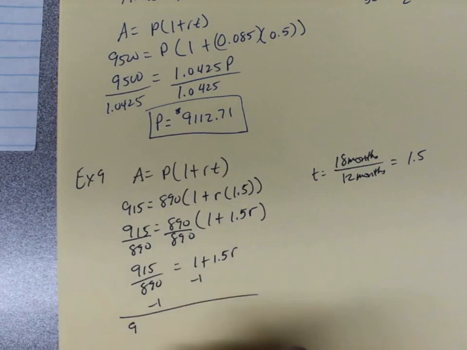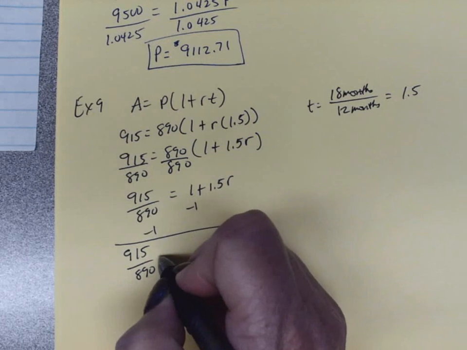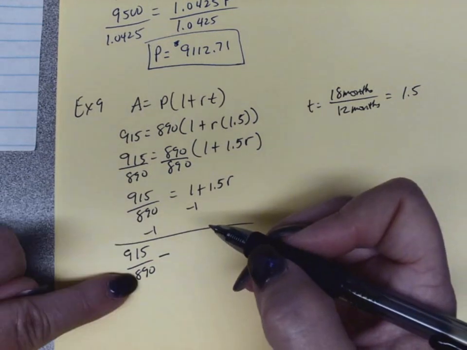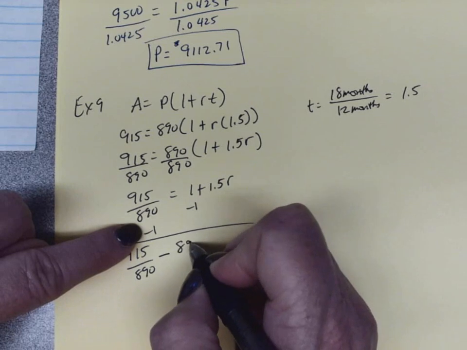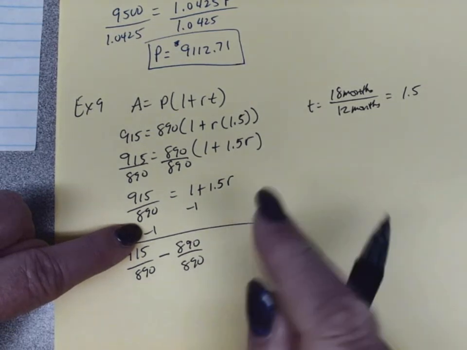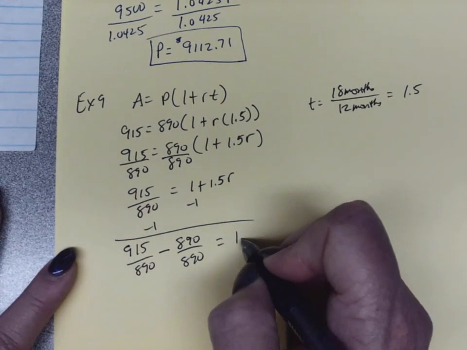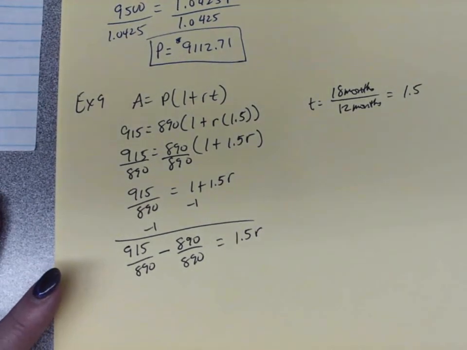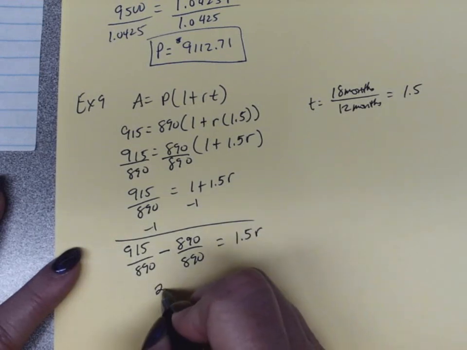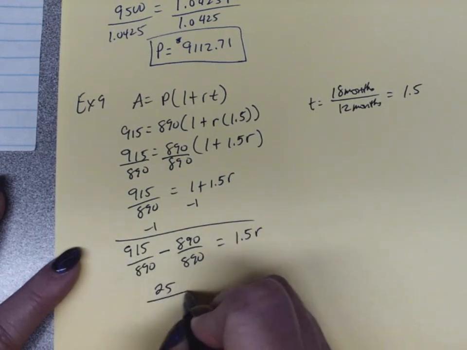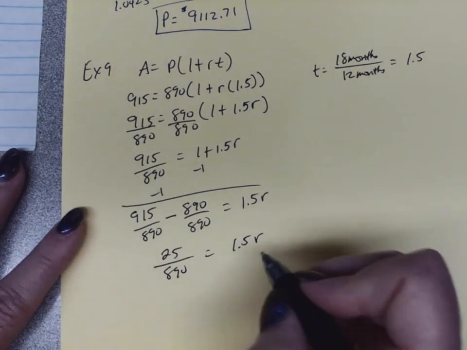So this gets me 915 divided by 890 minus 1. I need a common denominator because here I'm subtracting. So I'm going to make 1 look like 890 over 890, so it has a common denominator. This is still equal to 1.5 R. 915 minus 890 will get us 25 out of 890 equals 1.5 R.